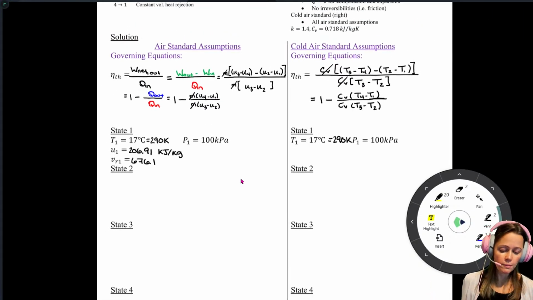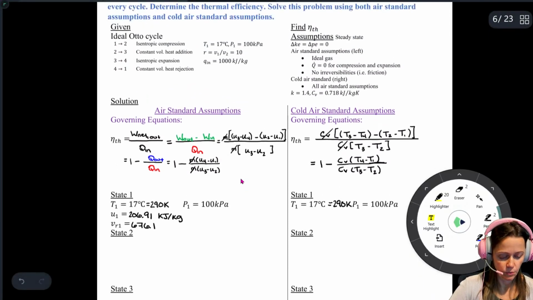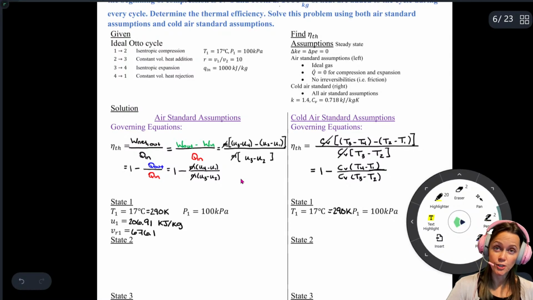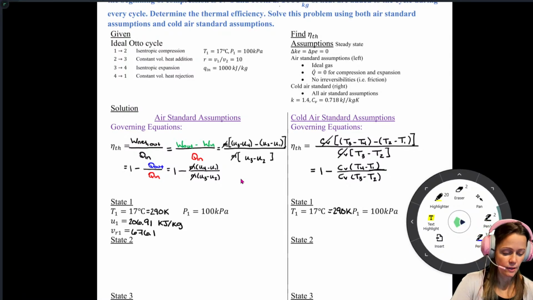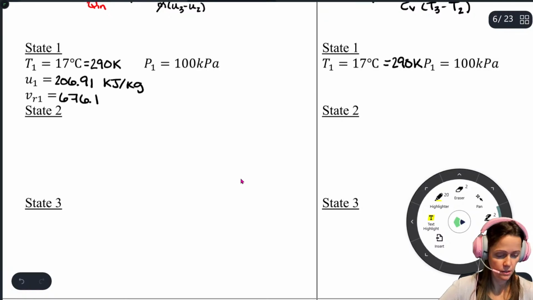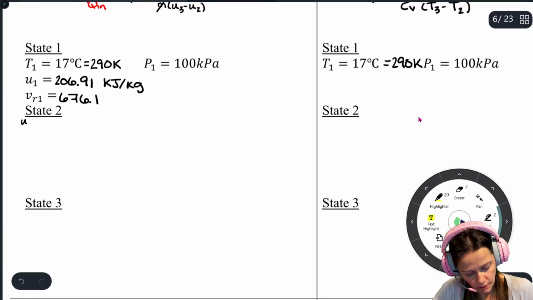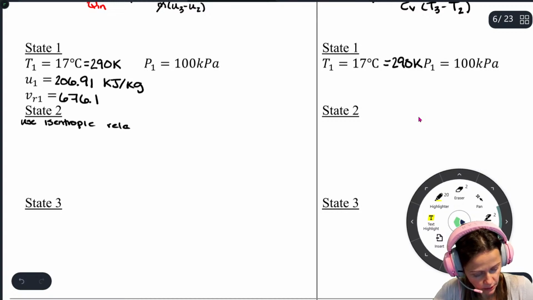All right, so for state 2, I need to figure out my U value. I'm going to think about how state 1 and state 2 are related to one another. From state 1 to state 2, you have an isentropic compression, so an isentropic process for an ideal gas. And remember, I'm going to use our isentropic relationships for an ideal gas.